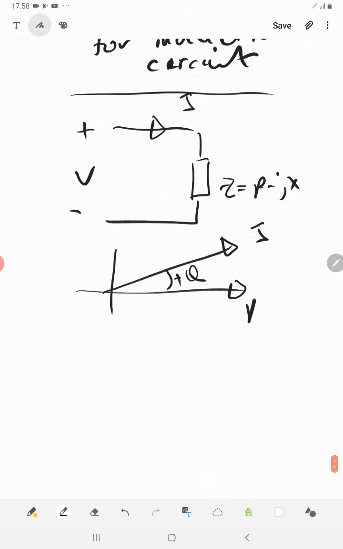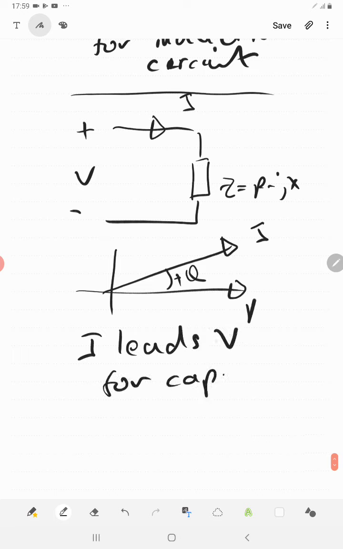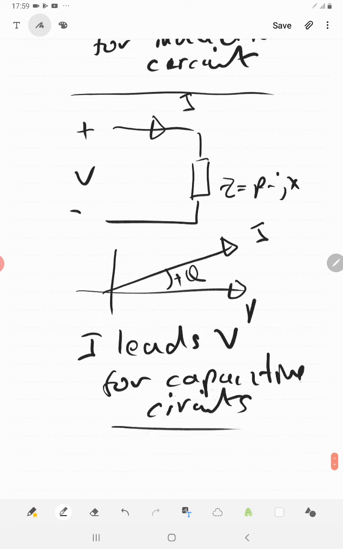So here I leads V for capacitive circuits. That's the main difference, and that's why we call this one capacitive and the other inductive.